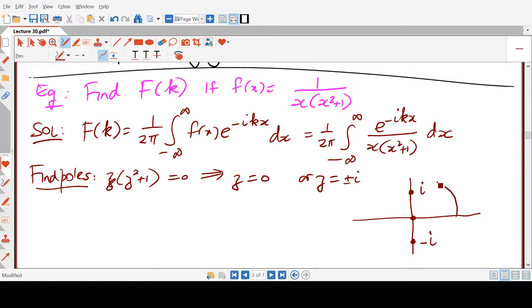Then you throw around that a contour, semicircular contour. And we find that there are 2 points that lie in the contour. In fact, this real pole belongs half in and half out. That was the story yesterday.